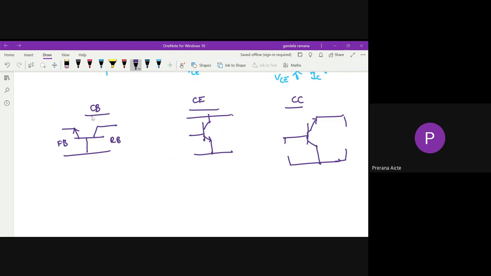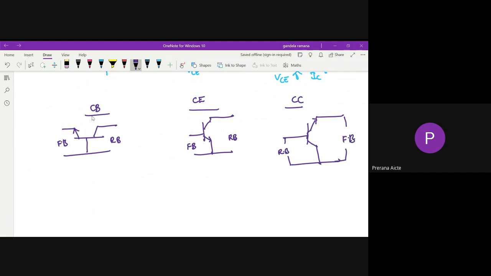Here also, it is forward biased and it is reverse biased. So this is reverse bias, this one is forward bias.